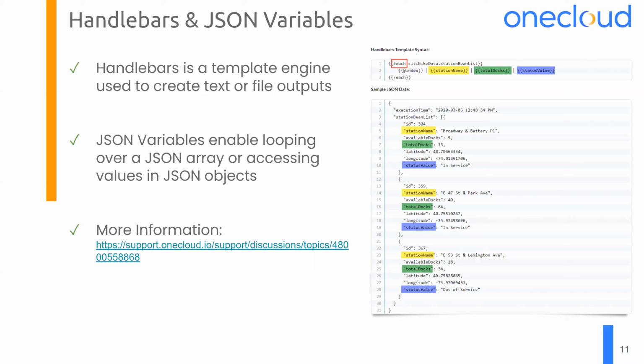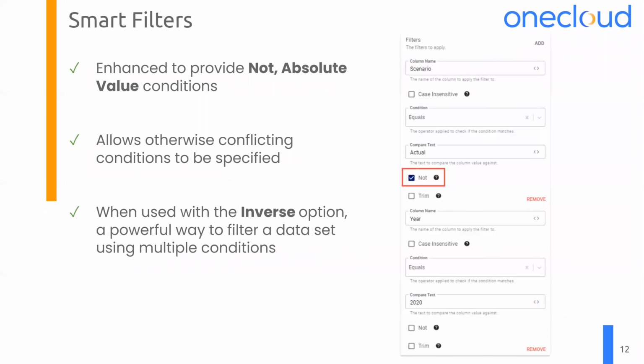Our next feature is an addition to smart filters. So smart filters is a way to basically filter your data, and we have different types of conditions and operations that you can do for strings or text, numbers and dates. So we've added the ability to, after you've set up all these conditions, you can actually just set a not value.